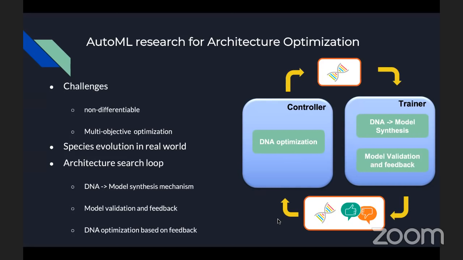If you can see this loop, if we continue to run it automatically, the controller will propose better and better designs, and the trainer will, based on each new design, give more feedback to say, hey, this is even better, this is worse. And the controller will be smarter and smarter and design better and better architectures. So this is basically the main idea of AutoML research for architecture optimization.